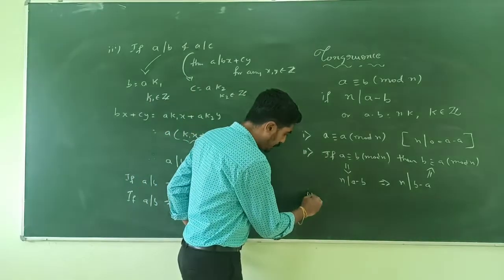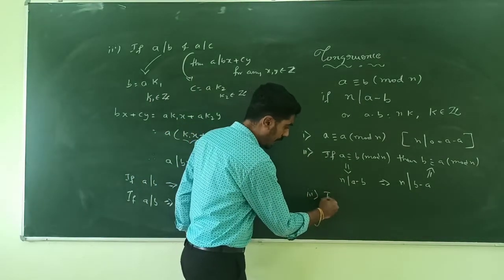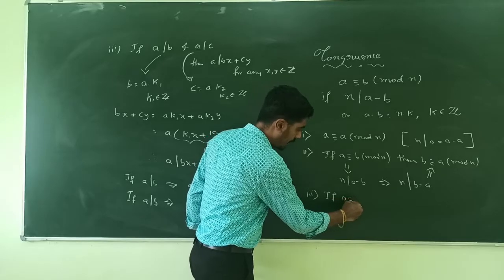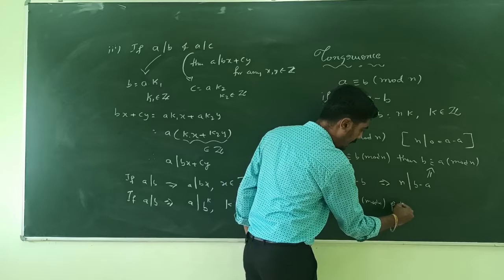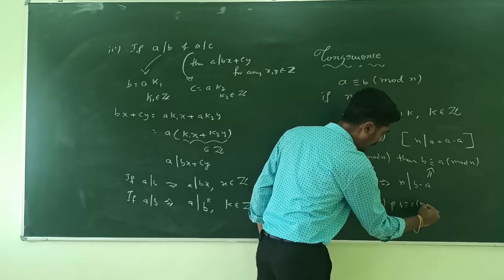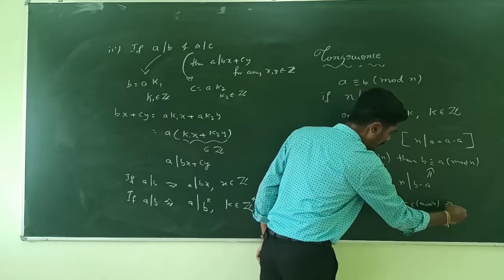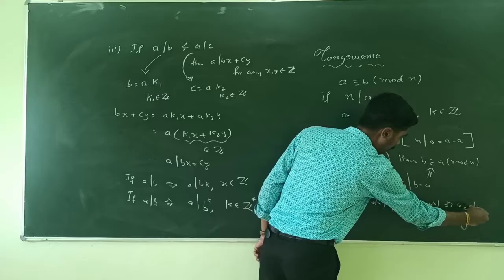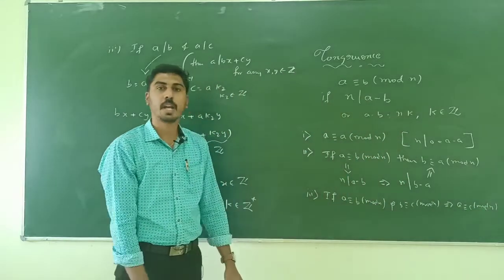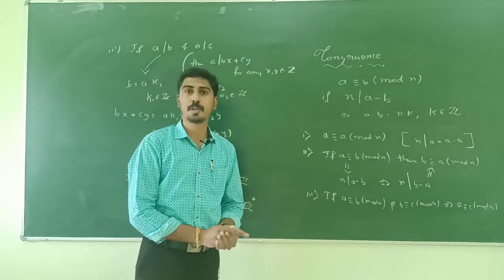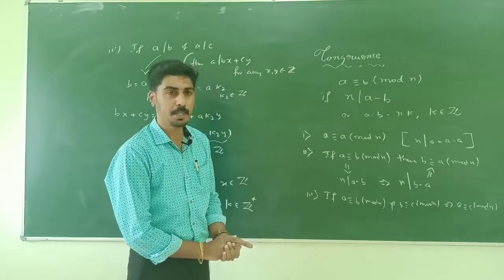And to prove the transitive law: if A is congruent to B mod n and B is congruent to C mod n, then A is congruent to C mod n. This too follows from a property of divisibility.